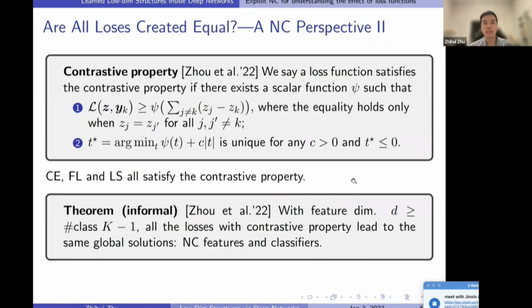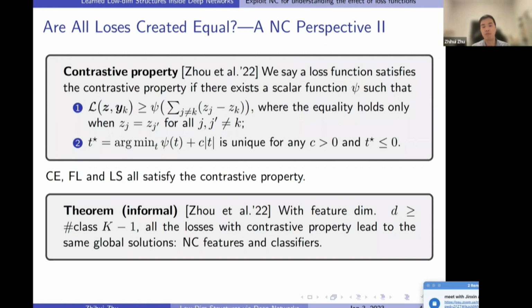For these properties, we can show that the loss functions we mentioned before, cross entropy loss, focal loss, and label smoothing, all satisfy them. Then we can show that with the feature dimension D larger than or equal to K minus 1, all the losses with these contrastive properties will lead to the same global solutions.